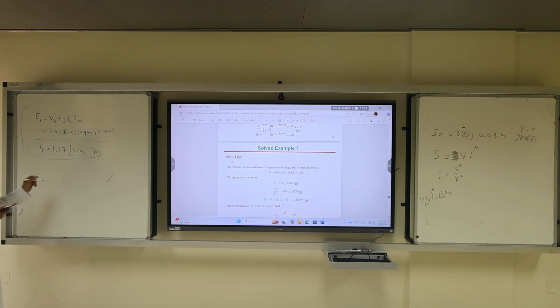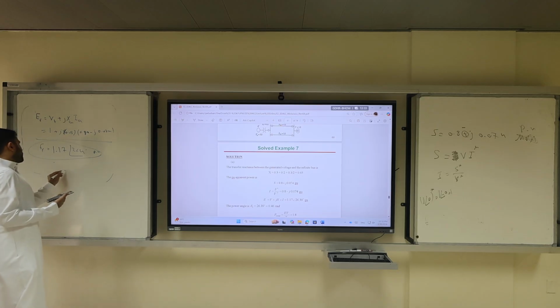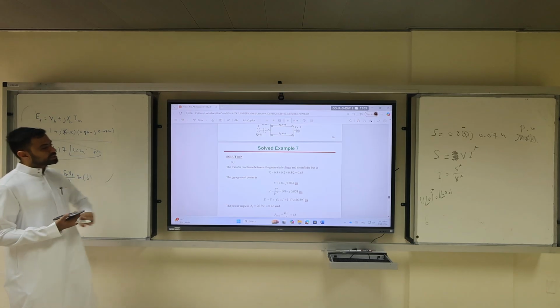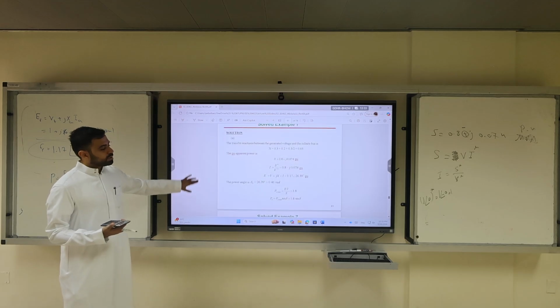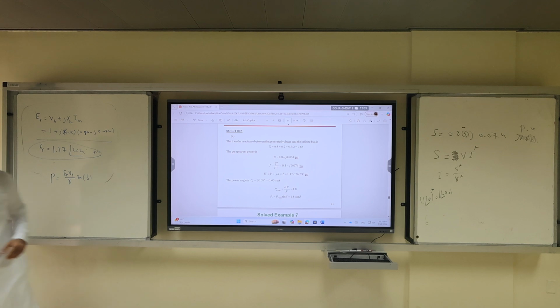Either you use the equation, which is power equal EF VT over X total, because you're studying the whole system. Remember, whatever you connect to the transformer or to the generator, the transformer and transmission line, you should include it in your calculation.